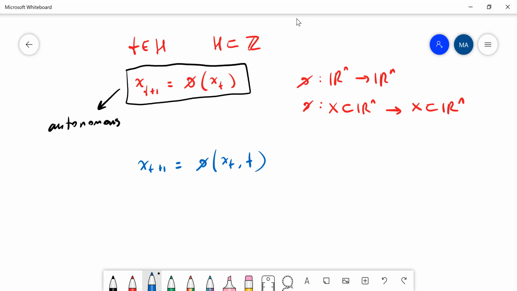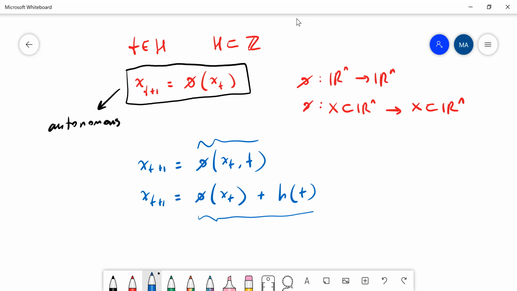In general, this function could depend on t, or if you want to be more specific, you can write this. As you see, this function now also depends on time. Such systems are called non-autonomous.